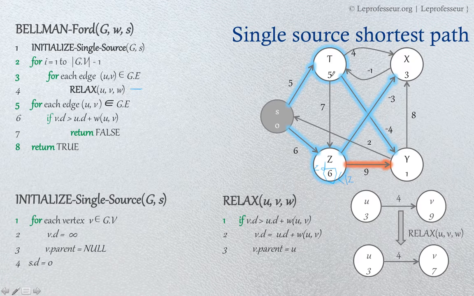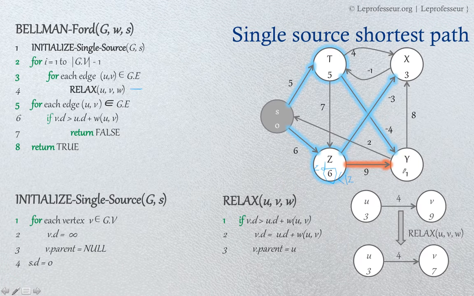Now let's take the next edge between t and y. If we try to relax that edge, what's going to happen? Because y earlier was 15, 9 plus 6, and now the new y would be 5 minus 4 equal to 1.